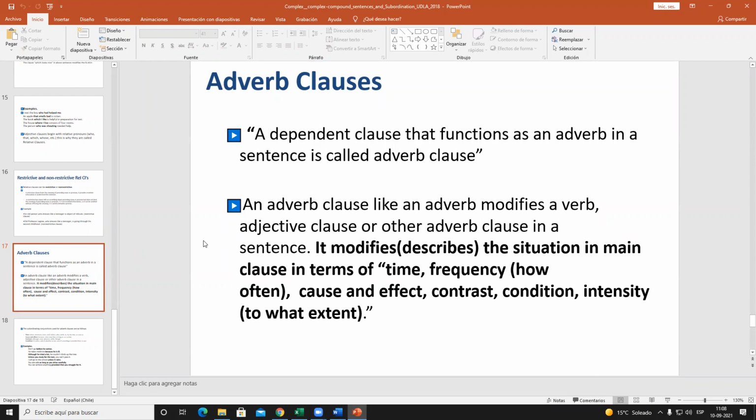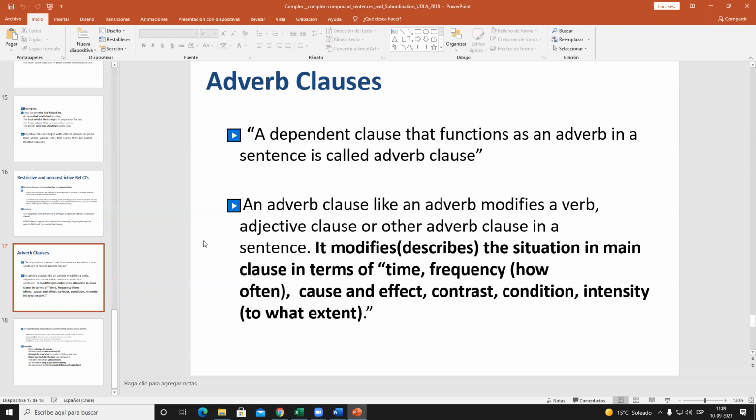Aquí, adverb clauses. Adverb clauses son estas dependent clauses, subordinate clauses, que funcionan como adverbios en una oración. An adverb clause, like an adverb, modifies a verb, an adjective clause, or other adverb clause in a sentence. An adverb clause modifies the situation in main clause in terms of time, frequency, cause and effect, contrast, condition, intensity.